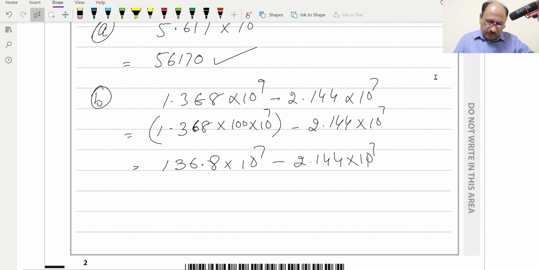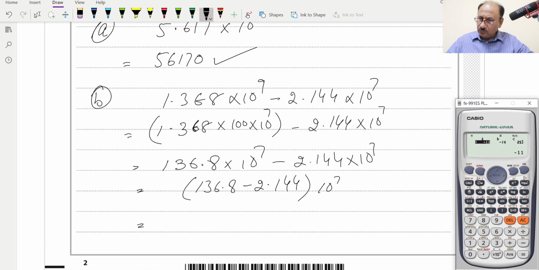And further, now we can take 10 raised to the power 7 as common, and inside will be 136.8 minus 2.144, bracket close. And this portion we can solve with the help of a calculator.